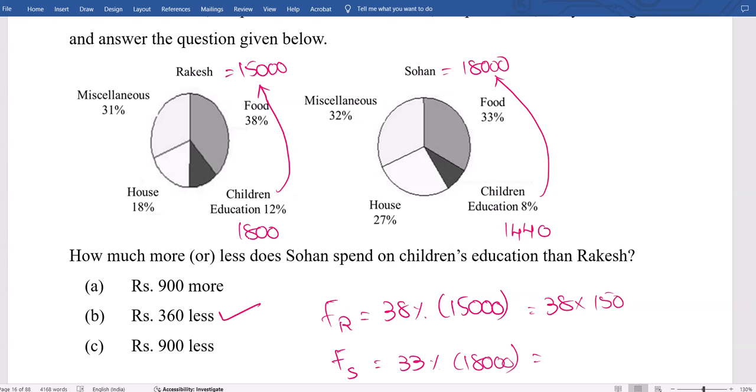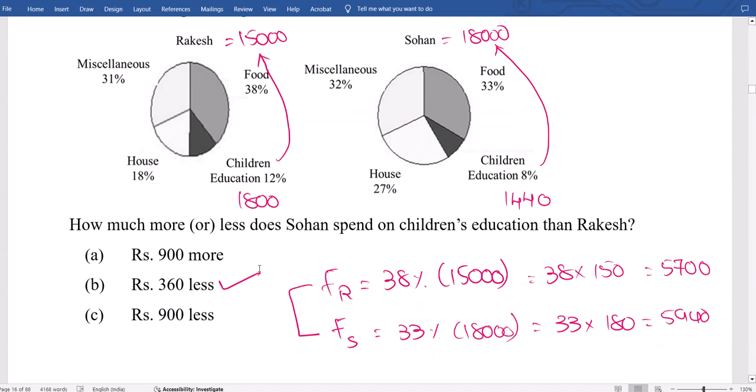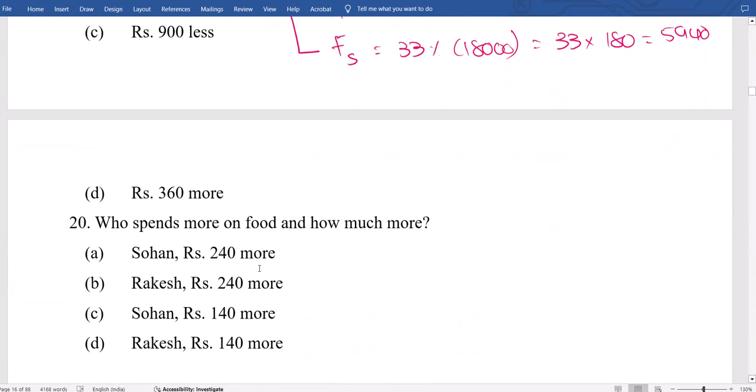Two zeros will get cancelled here. 33 into 180, which will be 5940. This will be two zeros. The 12 will be added. 45 and 12 is 57. So 240 extra by Sohan. Sohan spent 240 more.